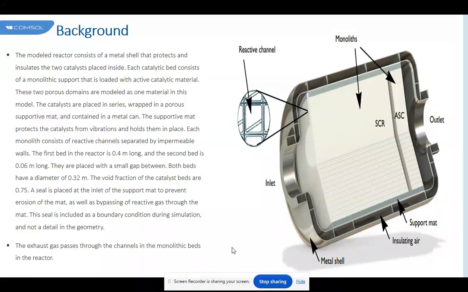In such cases, the transient usually plays a minor role compared to the steady-state performance. The main goal of this work is to analyze in some detail the impact of the substrate material on the steady-state and transient behavior of the monolith reactors used in after-treatment, as well as other applications cited above.